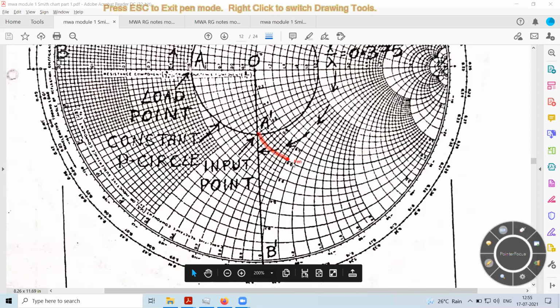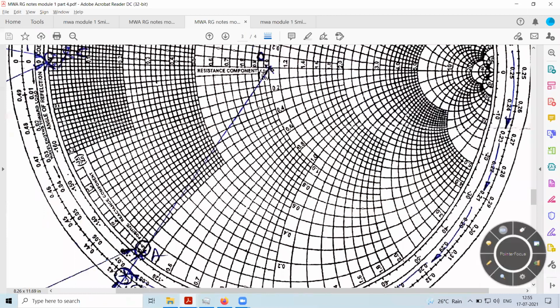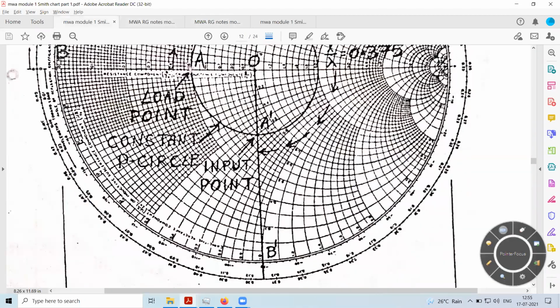This is the resistance circle with which it is associated. I'm not able to read it exactly, but I think it is around 0.7 over here.